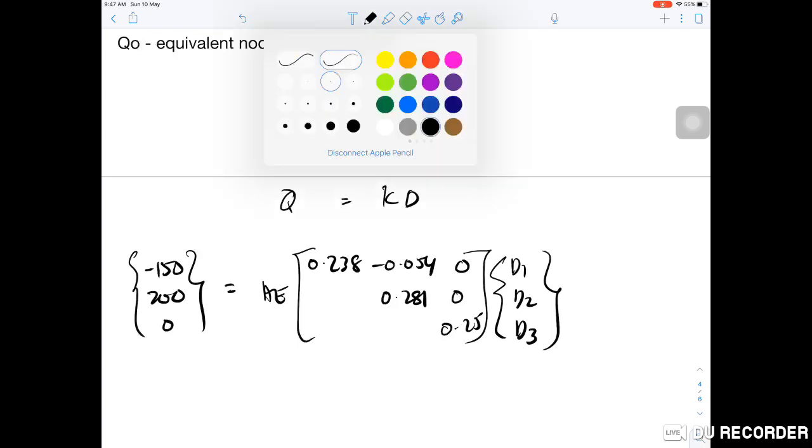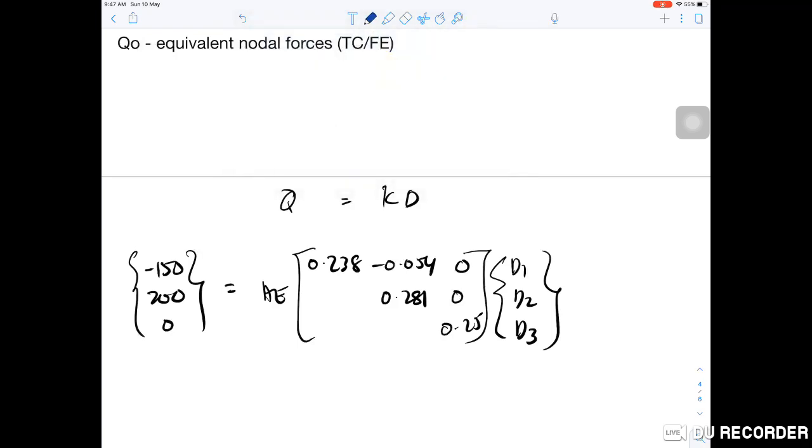If I complete this, negative 0.054, 0, and this is also 0.